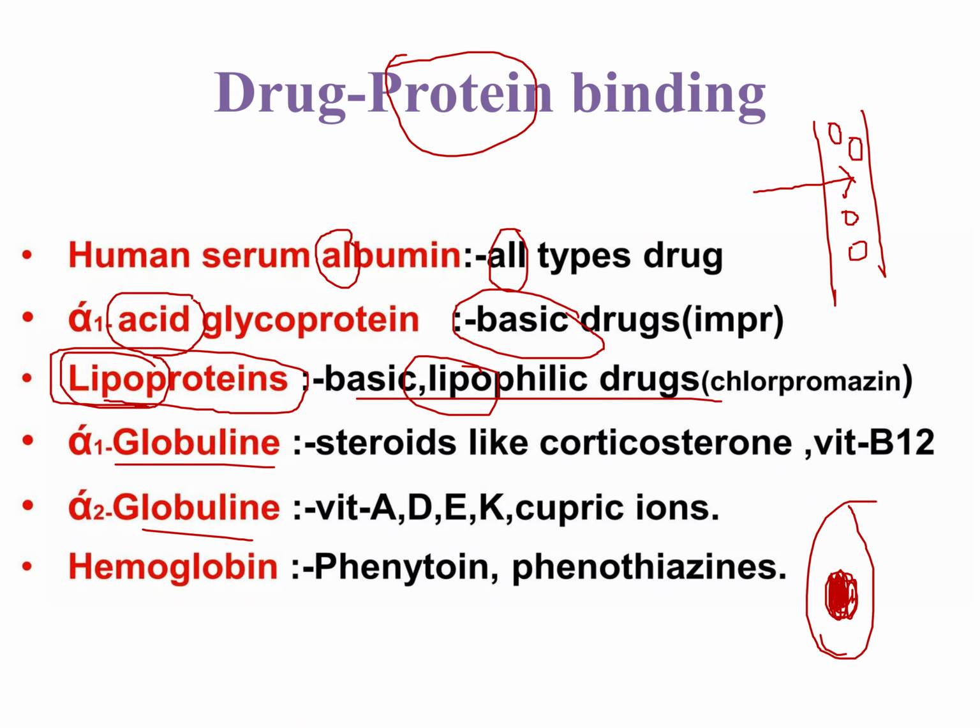So why globulin? Because globulin binds steroid-related drugs like corticosteroids, and vitamins A, D, E, K, which are fat soluble. Okay, so fats and steroids get bound to globulin. And lastly, hemoglobin, like phenytoin, phenothiazine. So these are the overall protein bindings.